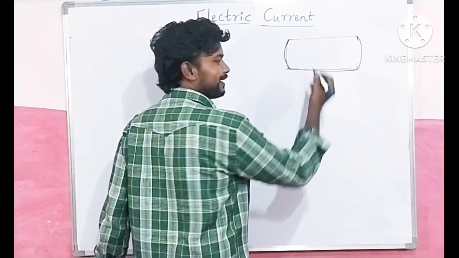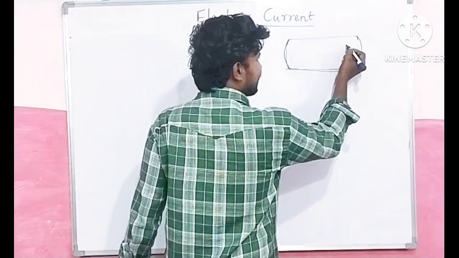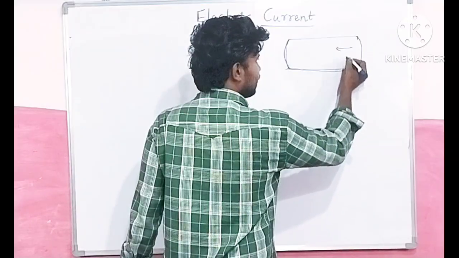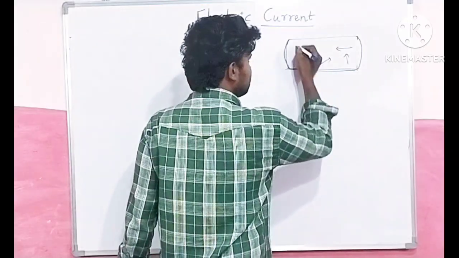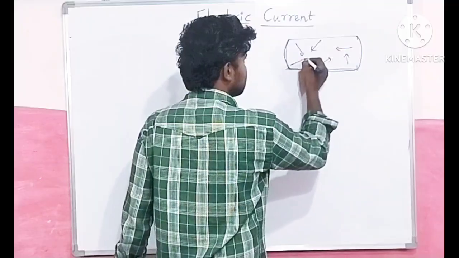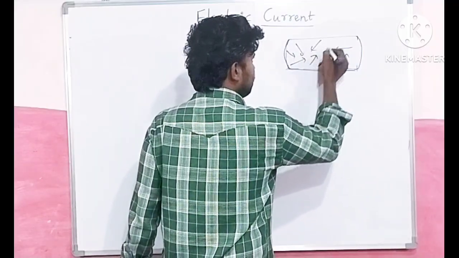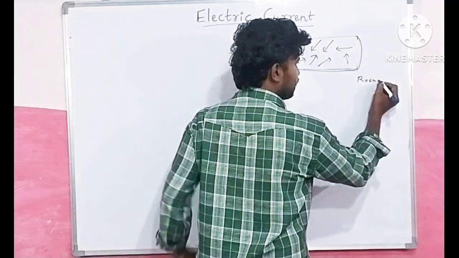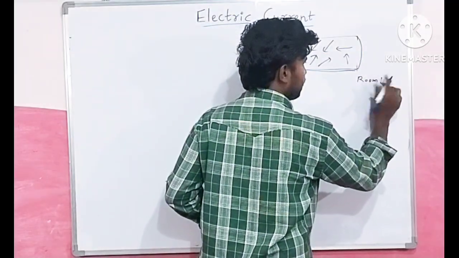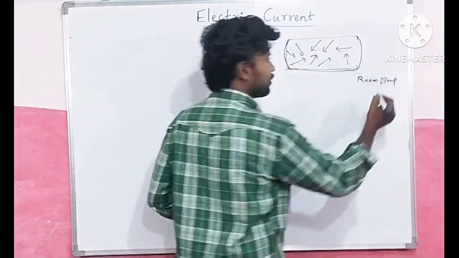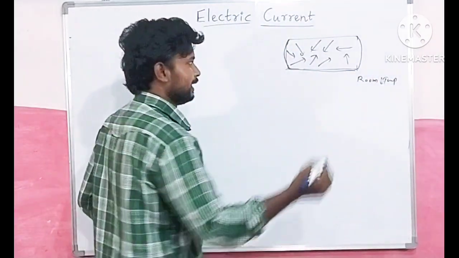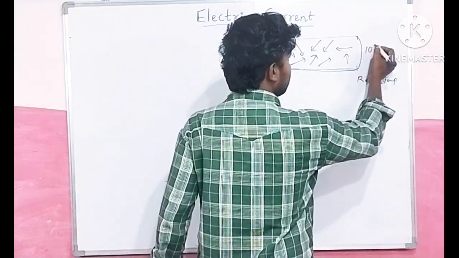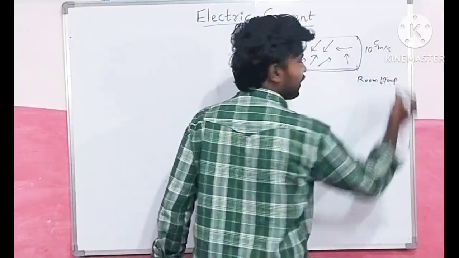So when the conductor is open, the electrons are moving randomly. For example, one electron going like this, one electron going like this, like this, like this. Due to the room temperature, the electrons are moving randomly at a speed, for example 10 power 5 meter per second.